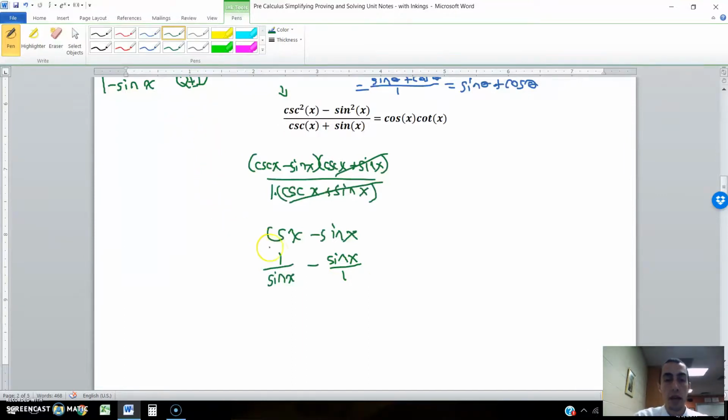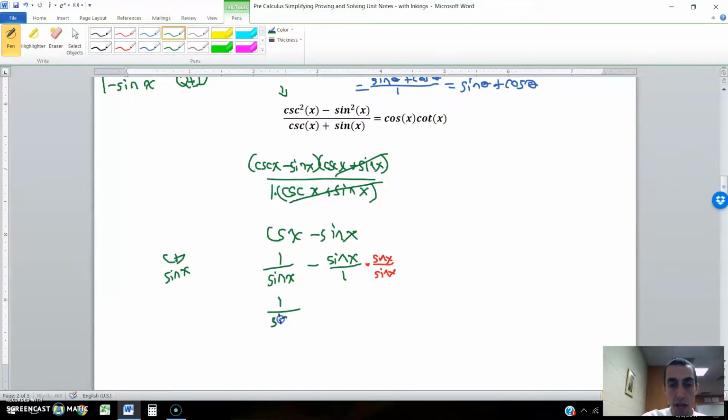Now I'm going to use one of my algebra tips, find common denominators. Common denominator, that's supposed to be a CD, it doesn't look like it, would be the two denominators multiplied together. That would be sine of x times 1. This already has the common denominator. We want to make this one have it. So multiply both sides, or the top and the bottom, that is, by the denominator I need.